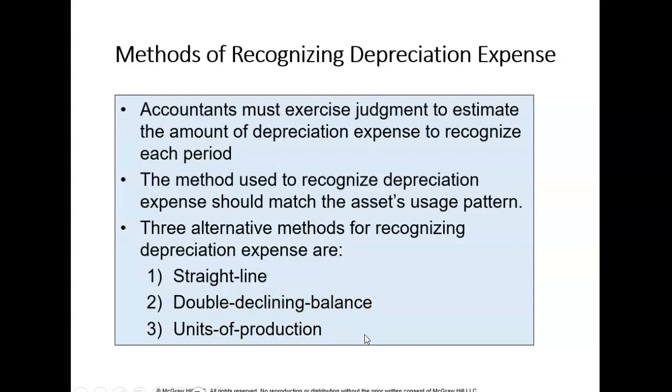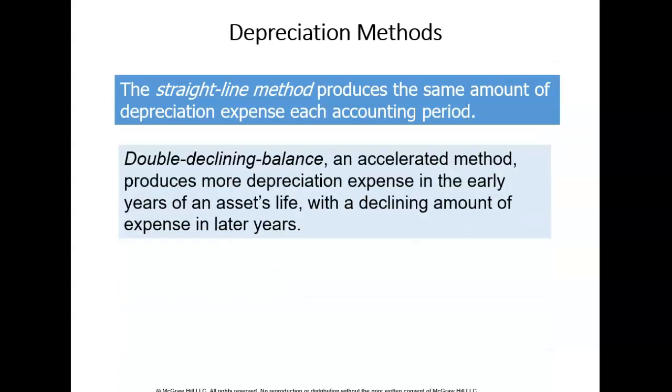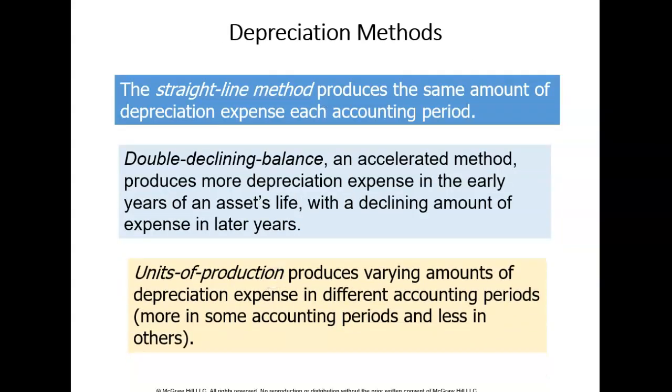We're going to cover all three, but the straight line is the most widely used approach, so that's going to be our first method, called the straight line method of depreciation. With the straight line method, we're going to expense an equal amount of the asset's cost each accounting period.